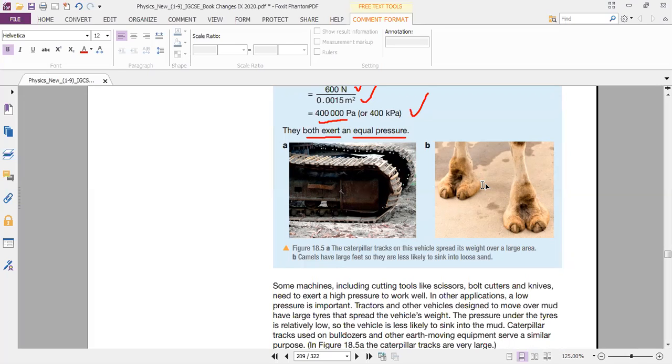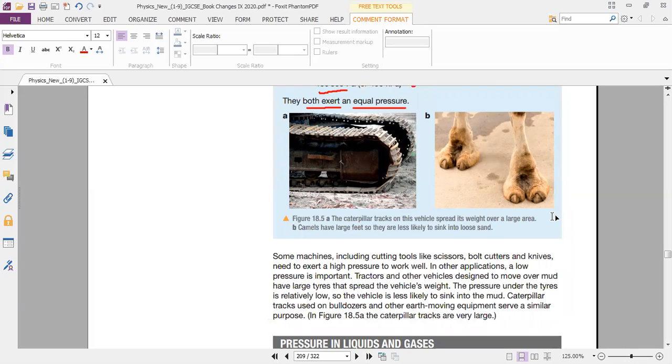As the area is greater, weight spreads over a large area and pressure decreases. That's why they do not sink. Pressure under the caterpillar track or the camel's feet is relatively low, and they do not sink into muddy ground, soft ground or desert.